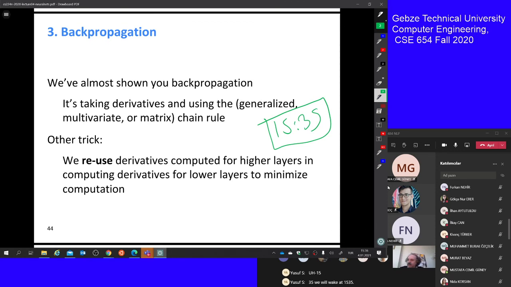Okay, so let's look at the idea of backpropagation. Can you tell me the biggest difference between backpropagation and the forward iteration of a neural network?